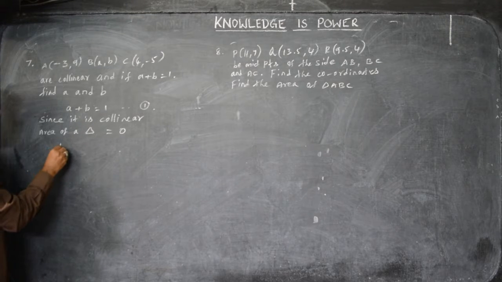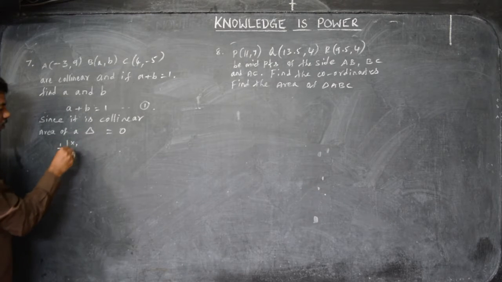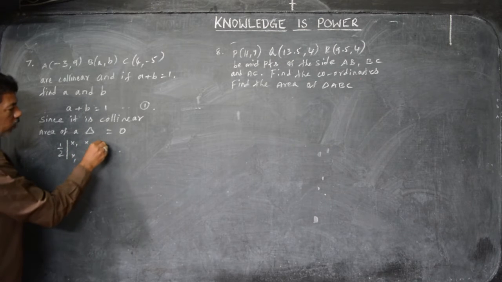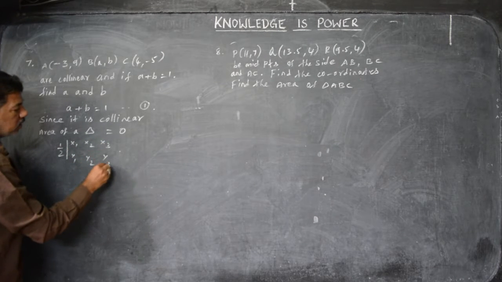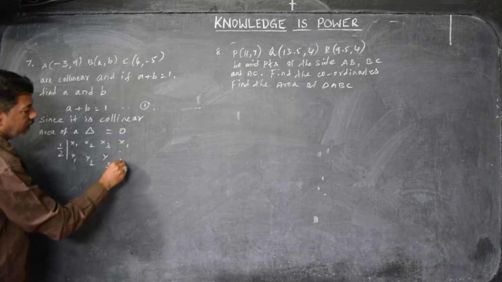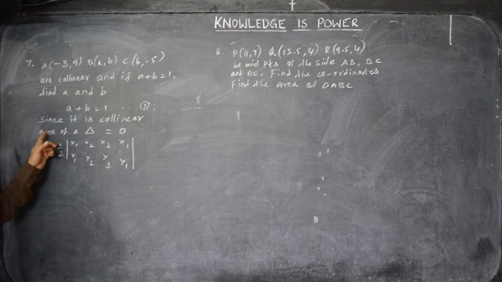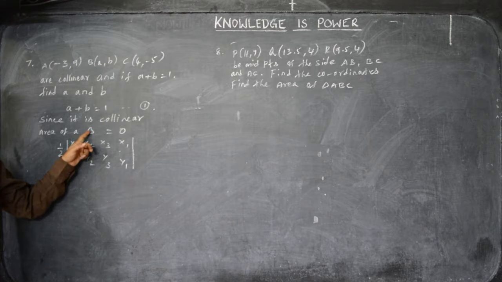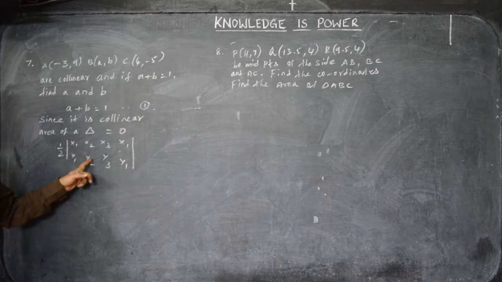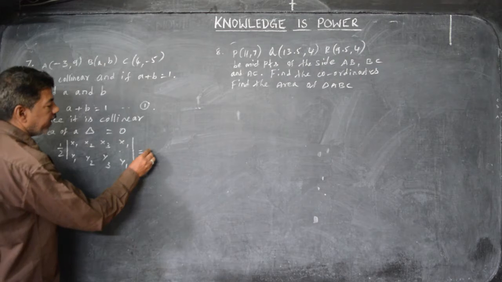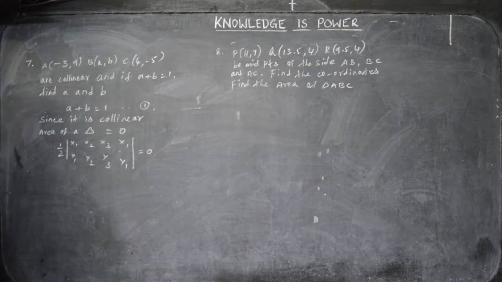What is that? x1, y1, x2, y2, x3, y3, again x1, y1. This is the formula for the area of a triangle. Already we have done it in so many sums. Since it is collinear, you have to take it as 0.